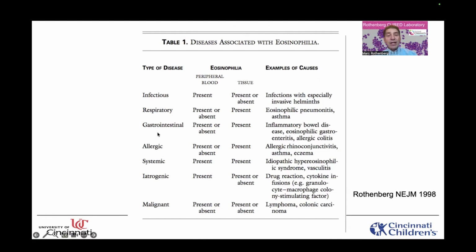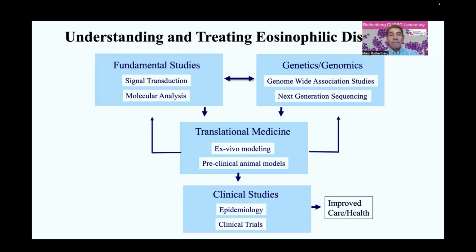In the GI tract, we can have peripheral blood eosinophilia on occasions, typically not in EoE, but it is a disease characterized by profound eosinophilia in the tissue, particularly in the regions associated with the inflammation causing the symptoms. That includes inflammatory bowel disease, eosinophilic gastrointestinal diseases such as EoE, and allergic colitis. And the list goes on, and I provide this along with the reference to give you an idea for the spectrum of diseases associated with eosinophilia.